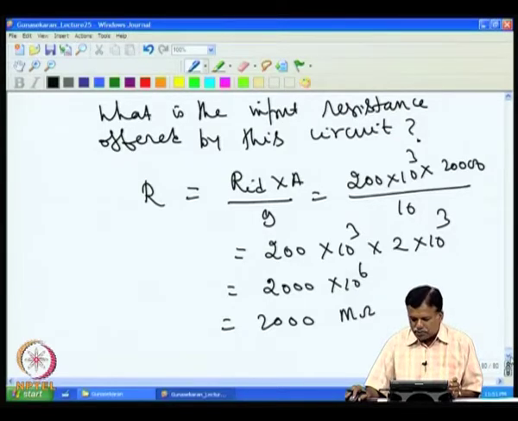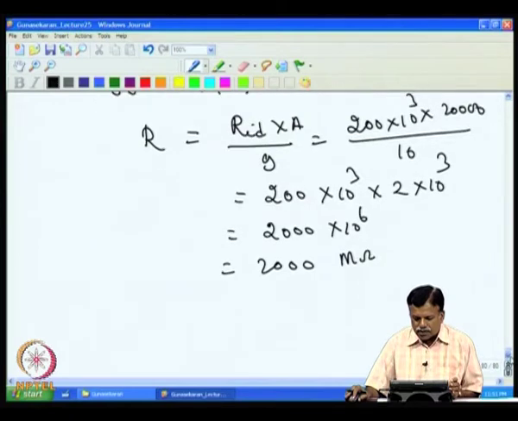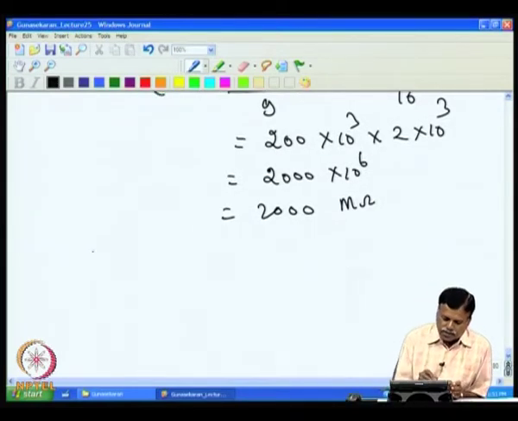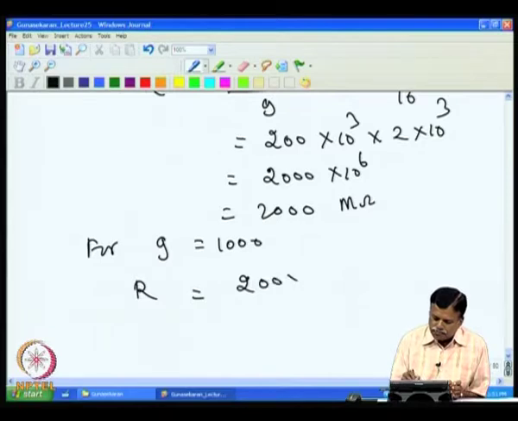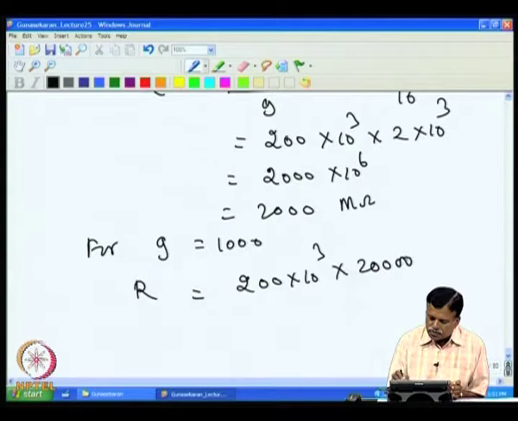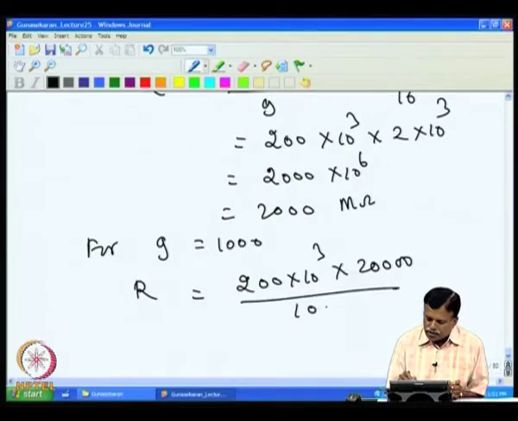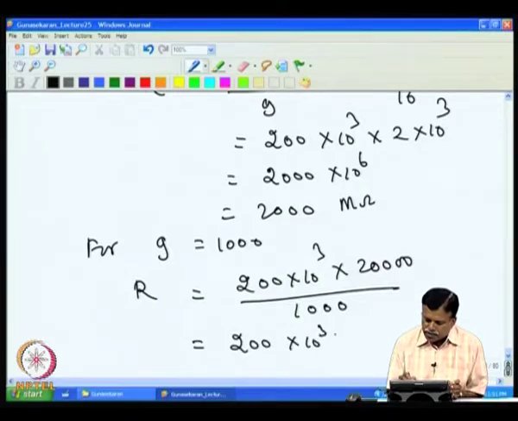Similarly, if I put gain as 1000, G is equal to 1000, then R comes out to be 200K into 20,000 divided by 1000, which works out to be 200 into 10 power 3 into 20.